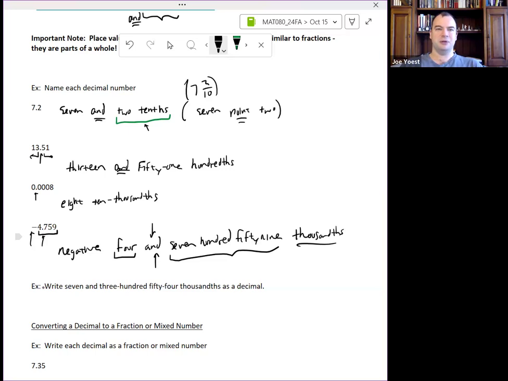I mean, maybe if I really went through and parsed it and said, does it make sense this way? Does it make sense that way? I could figure it out, but it's not initially clear. So I don't want to say something like negative 4 and 759 thousandths. When I'm dealing with a number like 759, I just want to say 759. So that way, anytime that I hear the word "and" in a number, I know that that signifies the decimal point.